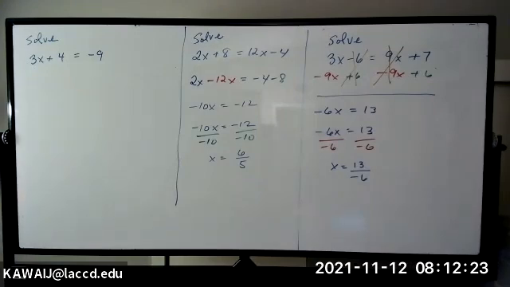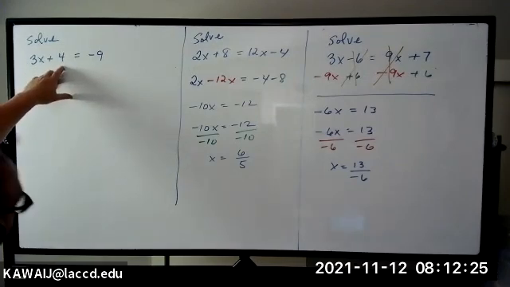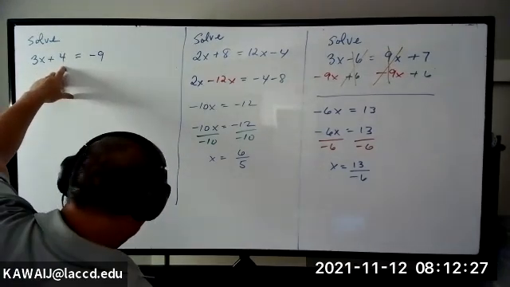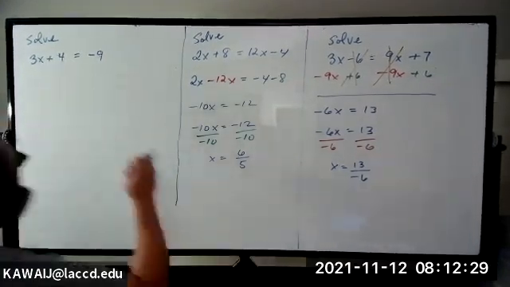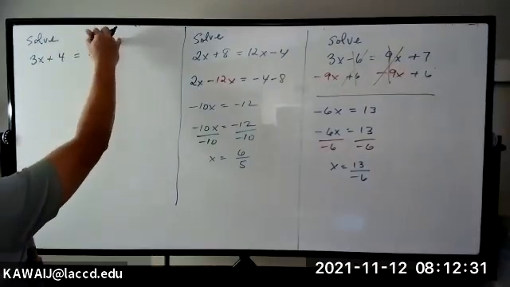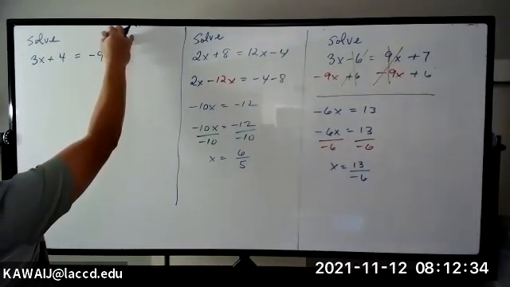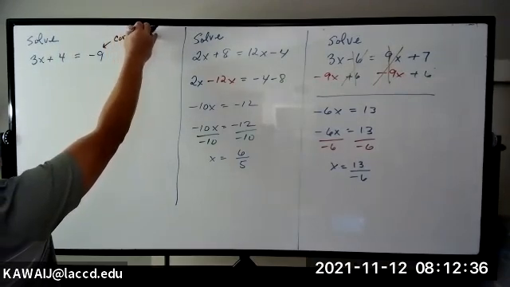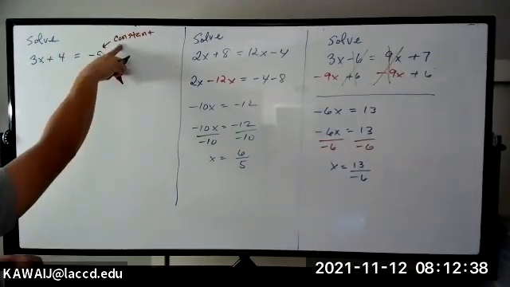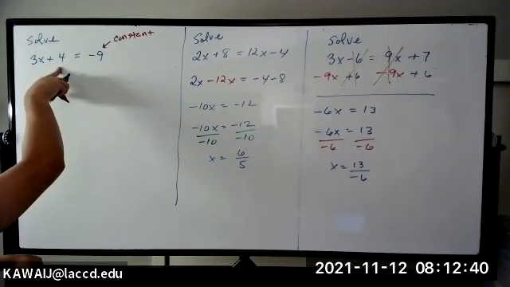Now, what you want to do is that if this is a number, just a constant, I'm sorry, this right here. So if this is a constant, you want to get rid of the constant.